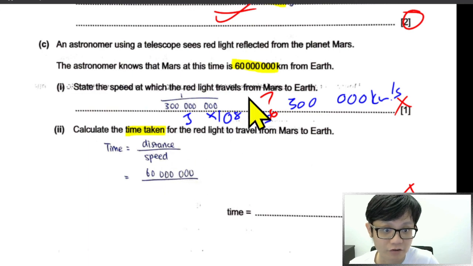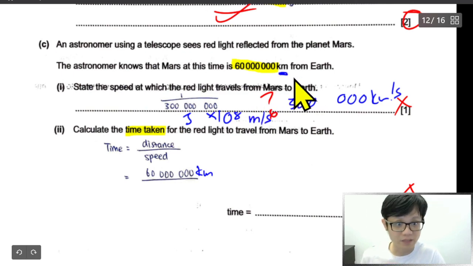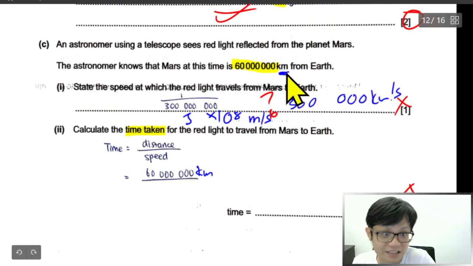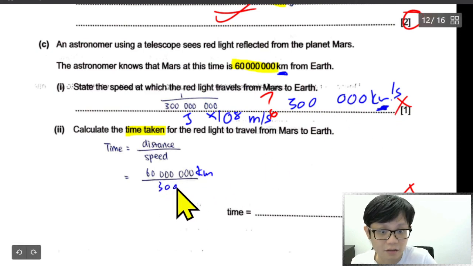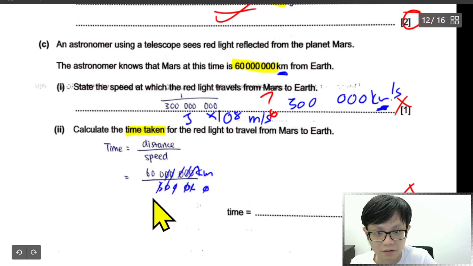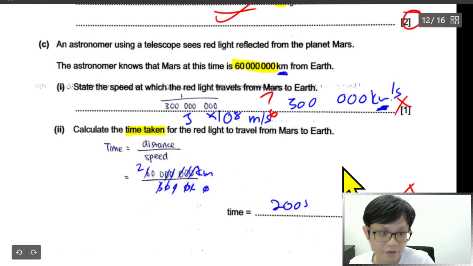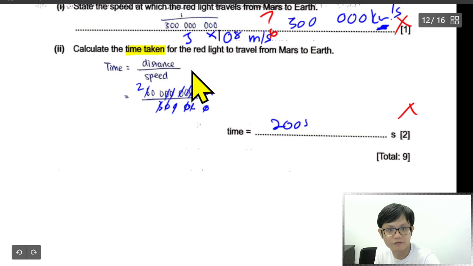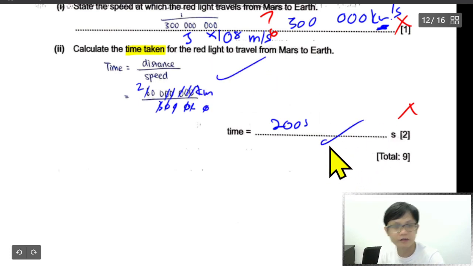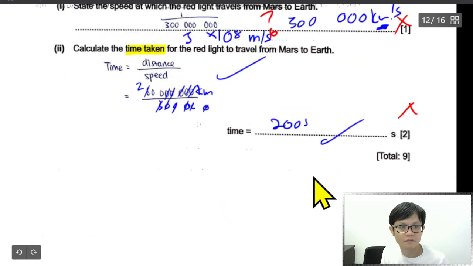Let me write the unit so I won't get confused. Here it is really km. Be careful, because sometimes the question is written in meters or km. Since it's written in km, it makes my life easier. I just use what I remember, over 300,000. So what you get is 200 seconds, correct? So 2 marks: 1 mark for the formula and working, 1 mark for the correct answer. So I get 1 mark for the formula.